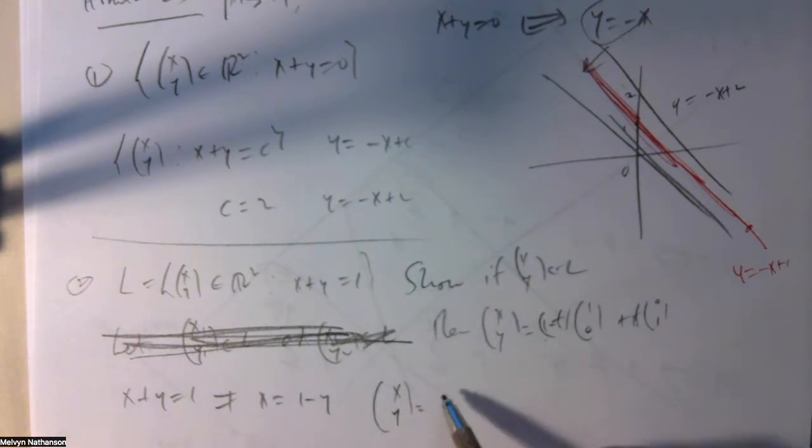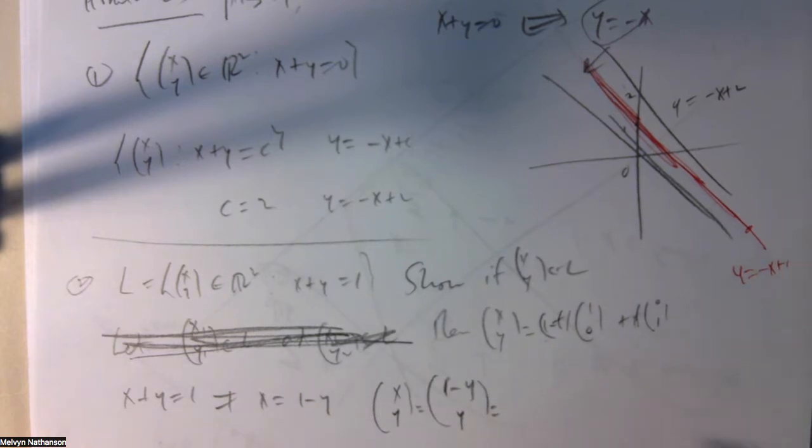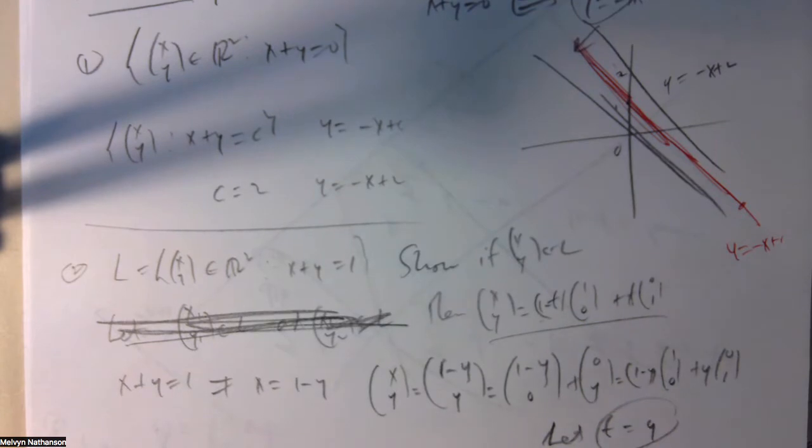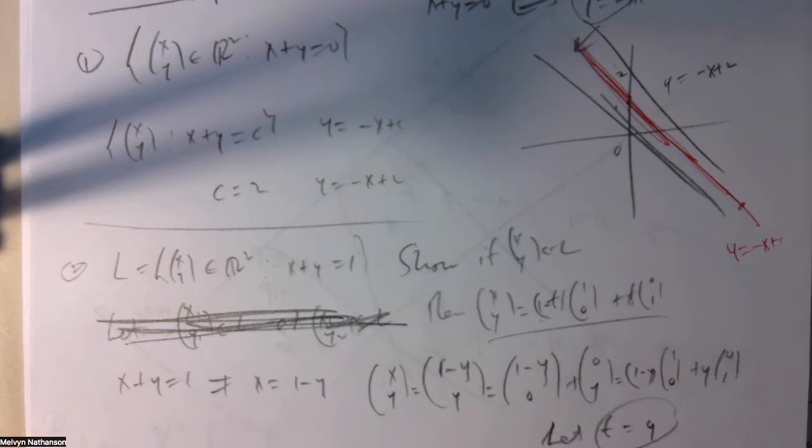So x, y is 1 minus y, y, and you can see, I think, that that's the same as 1 minus y times the vector 1, 0, plus y times the vector 0, 1. So just let t equal y, and you have an expression of this form. That's problem 2.